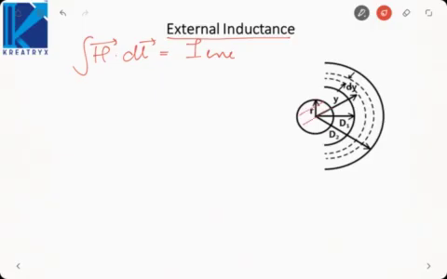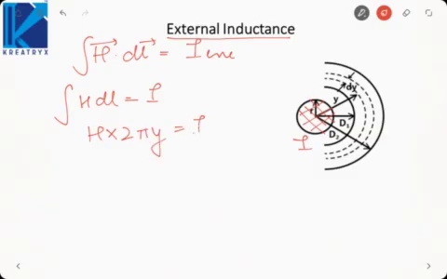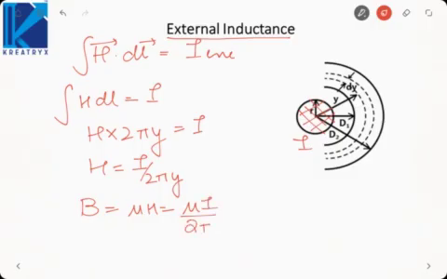Now this entire conductor is lying within this loop, so current enclosed is I. So H into 2 pi y is I, so H will be equal to I upon 2 pi y. To determine magnetic flux density, B is equal to mu H, that is mu I by 2 pi y.